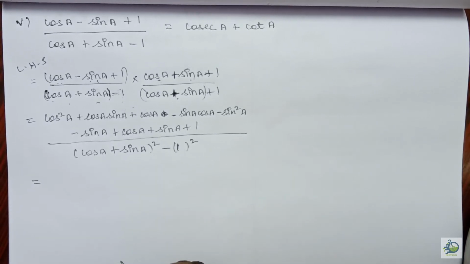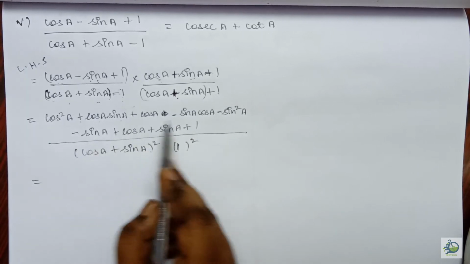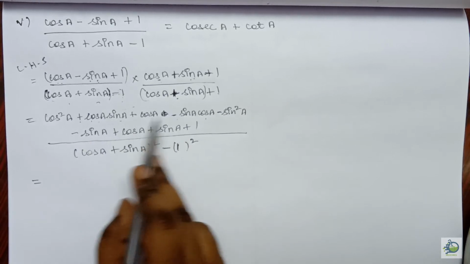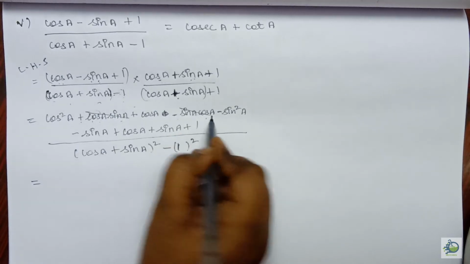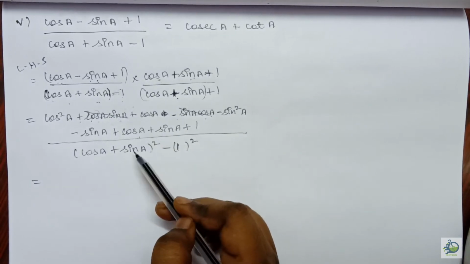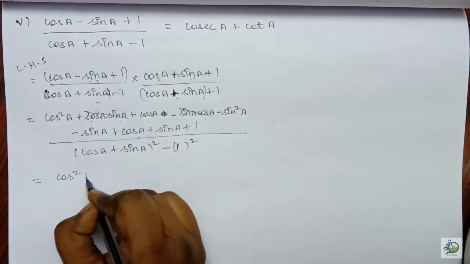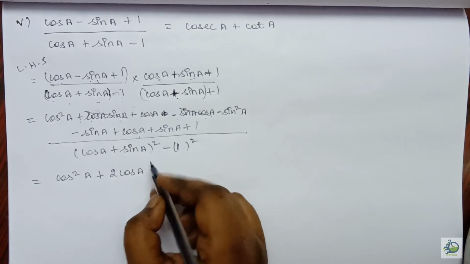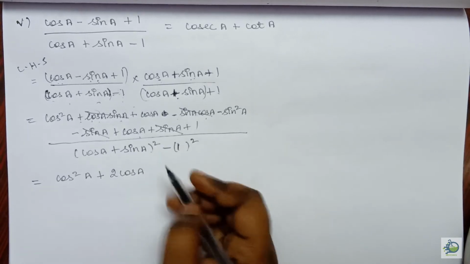Okay, here we see that plus cos A sin A minus sin A cos A is there. Since the terms are the same but the sign is opposite, I can cancel both. Here you can see that cos A is there, so it becomes 2 cos A. So cos squared A plus 2 cos A, and minus sin A plus sin A gets cancelled.